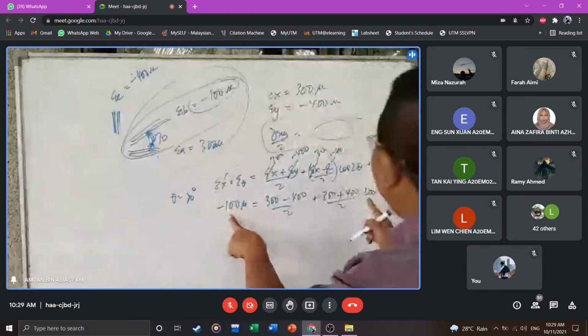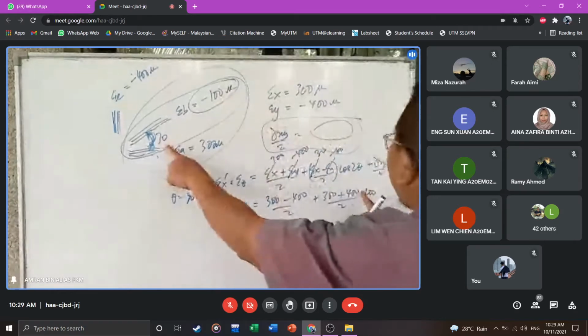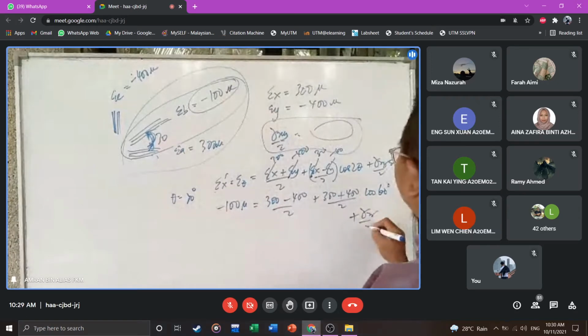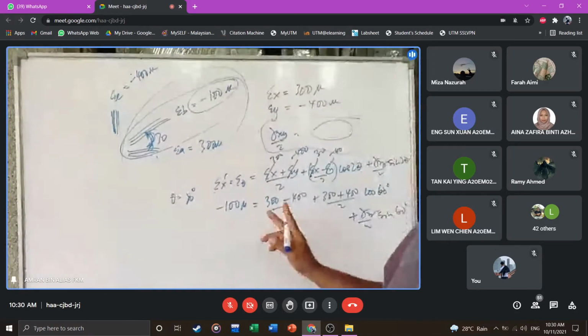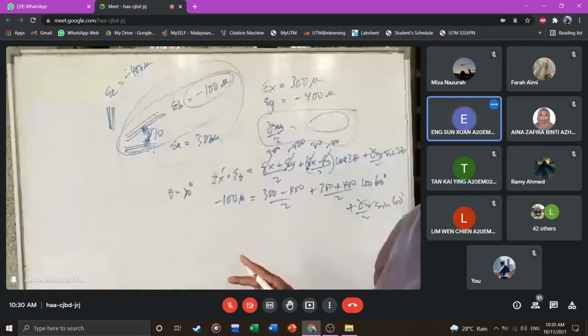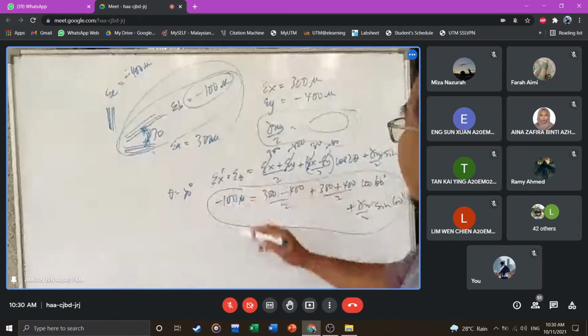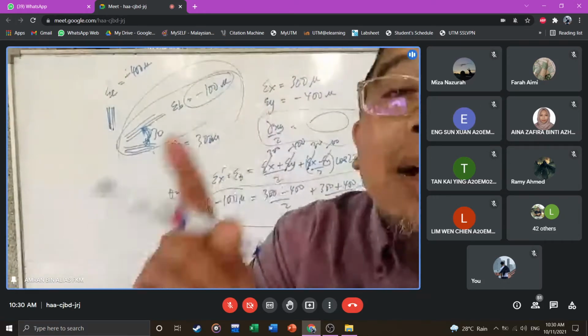Two times 30 is 60, and then plus gamma XY over 2 sin 60. Are you with me, guys? So what do we solve here? Gamma XY over 2. This is how you solve your gamma XY.